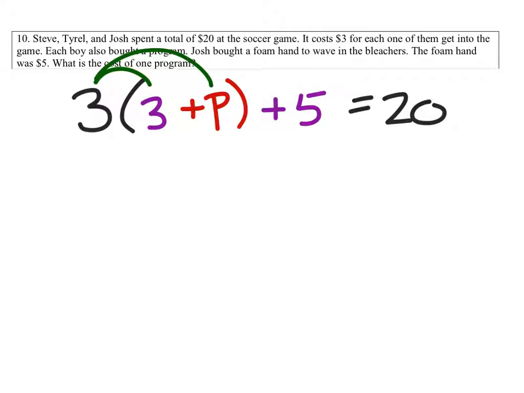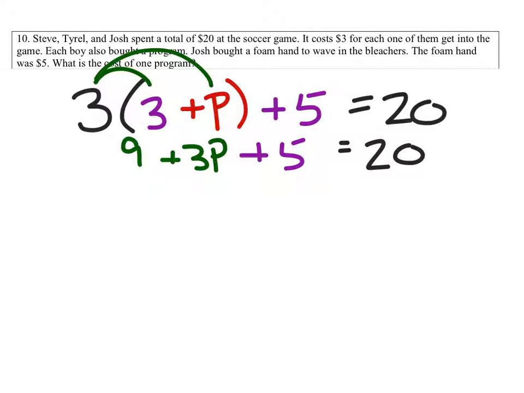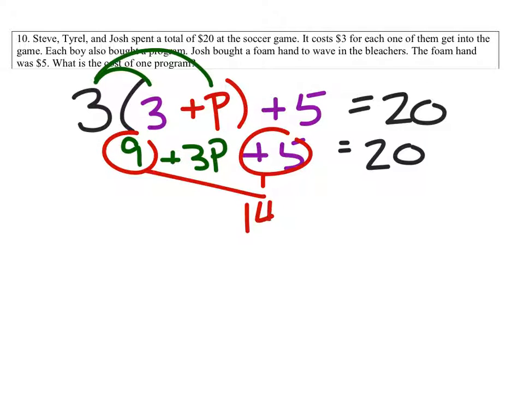We'll distribute first. So that's a 9 plus 3 programs. Plus the $5 that the foam hand was. And then we'll combine like terms. 9 and 5 combined to give us 14. And we still got the 3 programs plus that $14 equals $20.